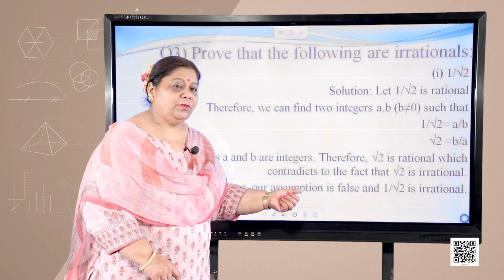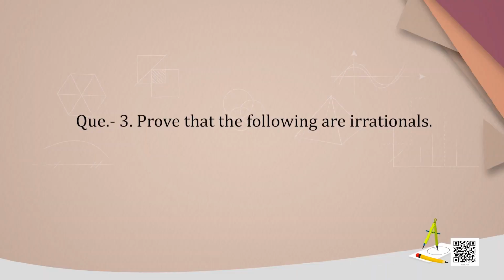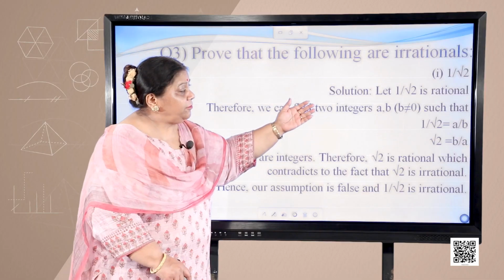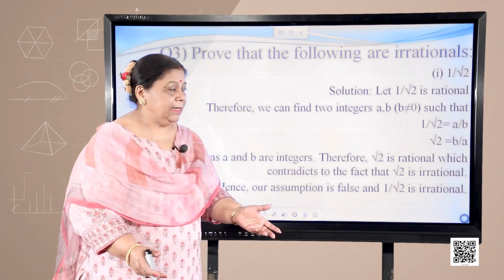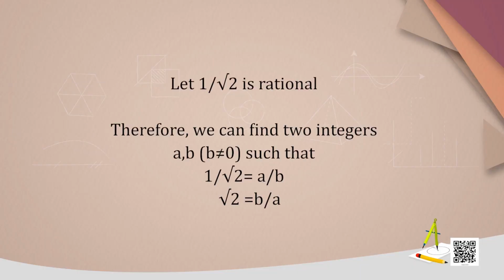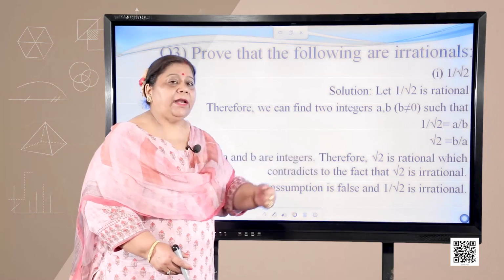Let us look into another question. Prove the following are irrationals. First one, 1 upon square root 2. Let 1 upon square root 2 be rational. Therefore, we can find two integers a and b, not equal to 0, such that 1 upon square root 2 is equal to a upon b, or taking reciprocal, square root 2 is equal to b upon a.